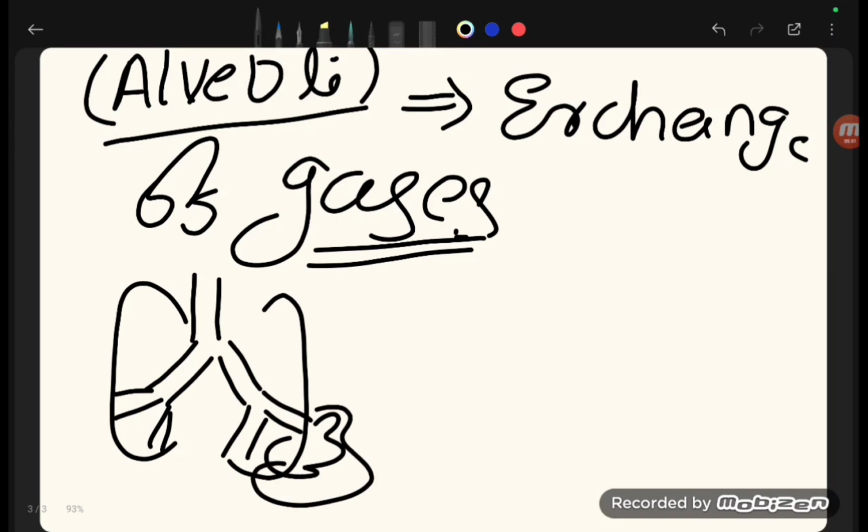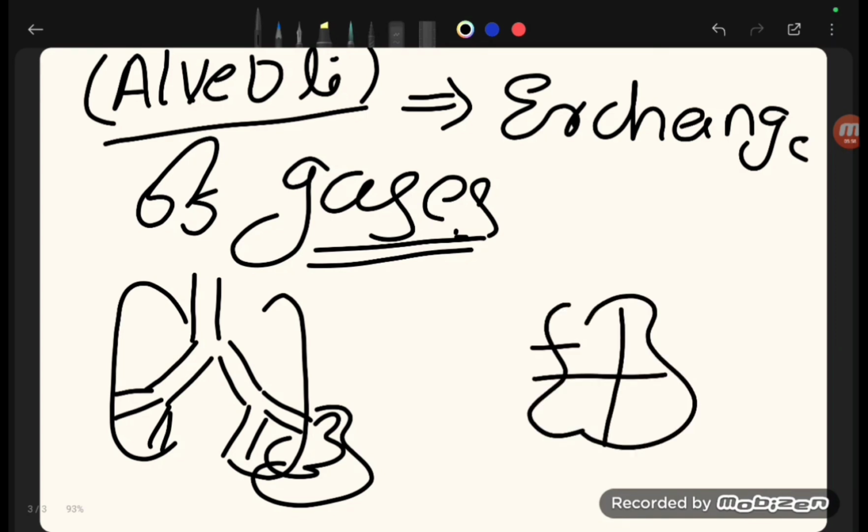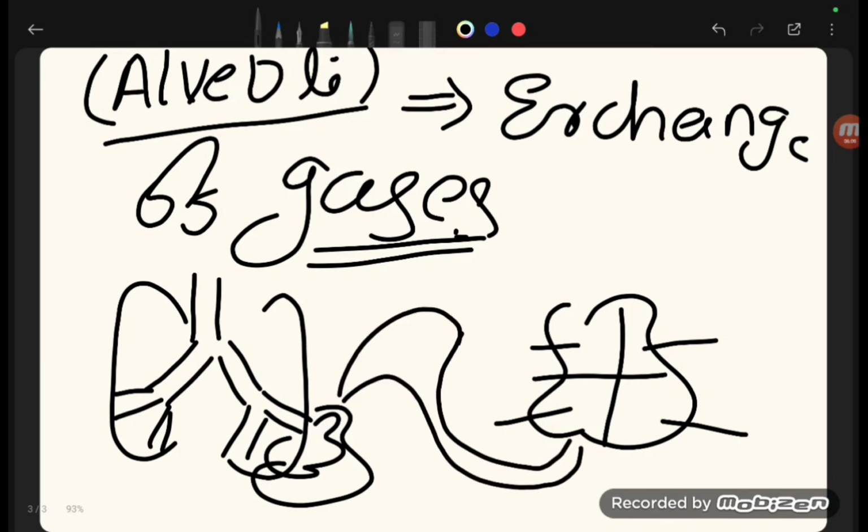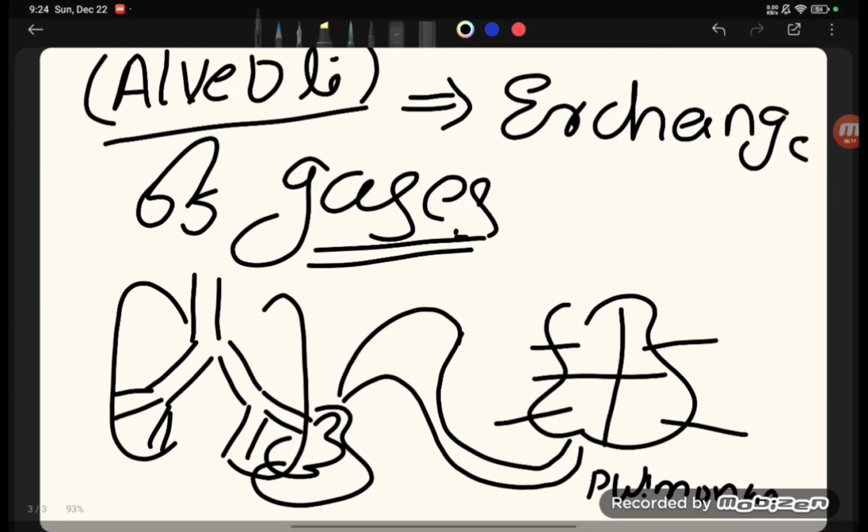From the heart we have chambers: right atrium, left atrium, right ventricle, left ventricle. From the right ventricle the blood is supplied through the pulmonary arteries, which carry blood to the lungs.